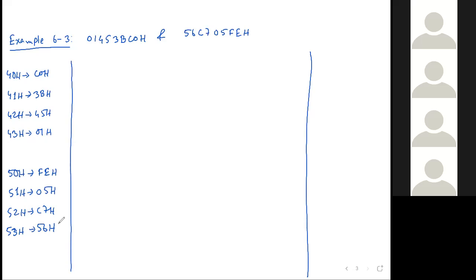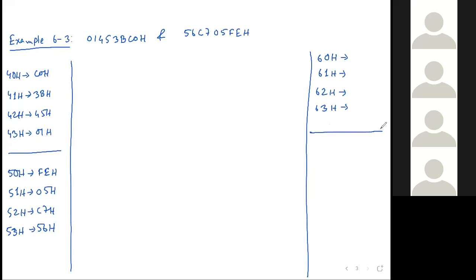Yes, let's say the result will be stored starting from the address 60H. Let's just assume. How many memory locations will we need to store the result? Minimum 4. Exactly, we will need minimum 4. So let us separate 4 memory locations. These are the addresses where our result will be stored.